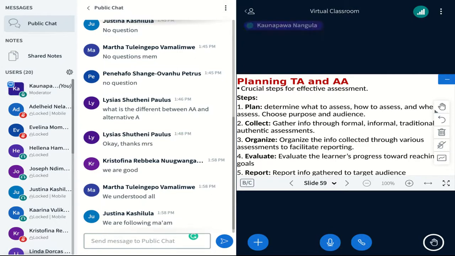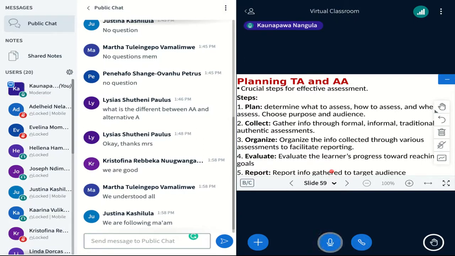Okay. And then the next step is to report the information gathered to the targeted audience, for example, the learners, the parents, or the administrator. So in continuous assessment, when you see that the learners are not doing very well and you want them to improve, because you want all your learners to pass, then when you inform them, hopefully they will improve.